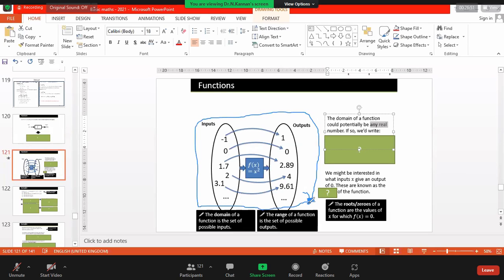Abhishan, can you explain this? No, sir. Okay. Sir Kunalingam? Yes, sir. The function is a relationship between inputs and outputs, which provides the rule on how to map inputs to outputs. So we change any inputs and we will get outputs.